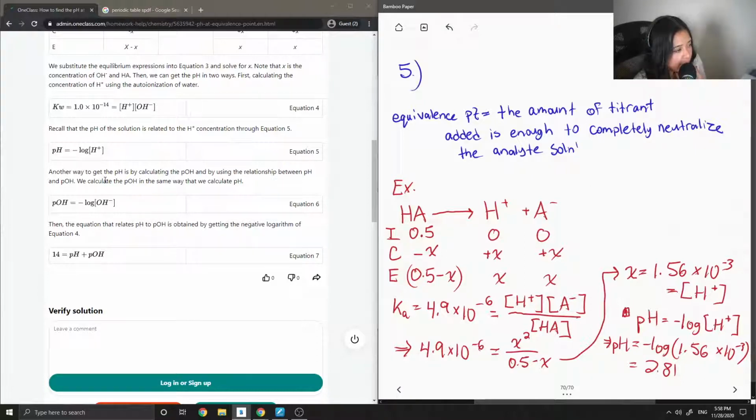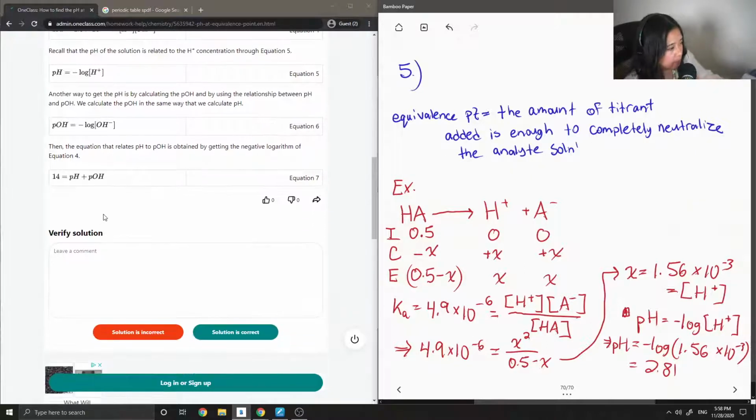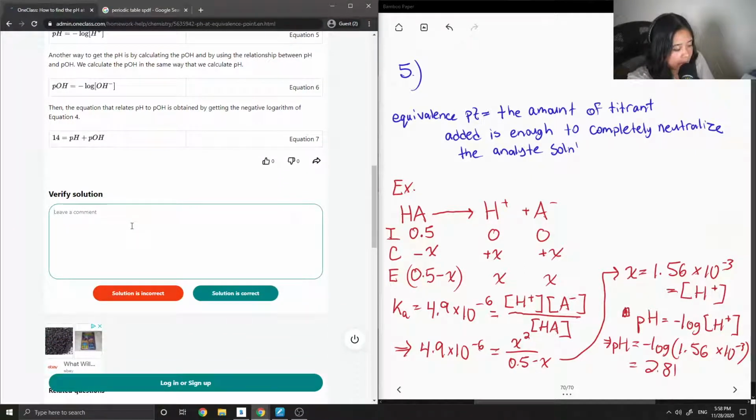We calculate the pOH in the same way that we calculate pH. Then the equation that relates pH to pOH is obtained by getting the negative logarithm of equation 4. And you can double check your answer by seeing if pH plus the pOH is equal to 14. But basically this solution is correct.